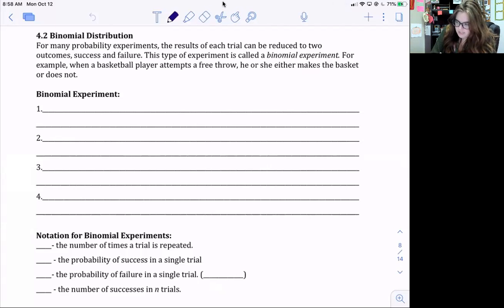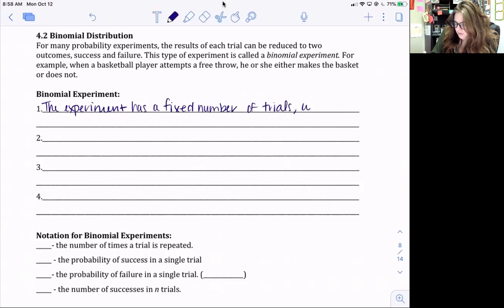Okay, so we have a couple of properties of binomial experiments. The first one is that the experiment has a fixed number of trials, where each trial is independent of the other trials.